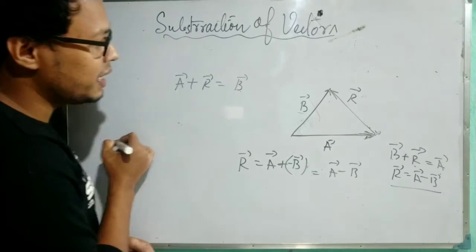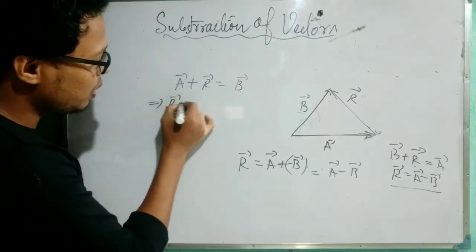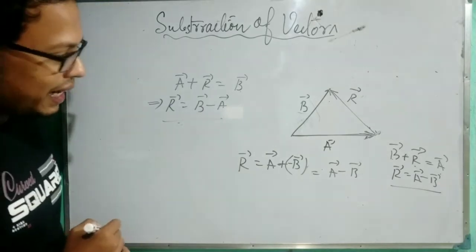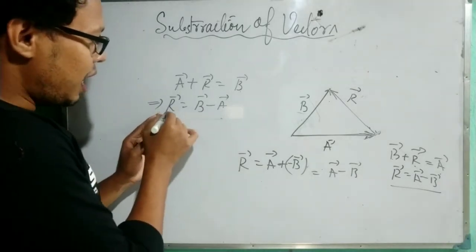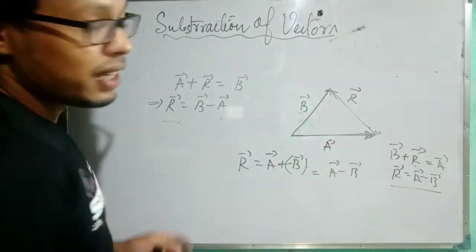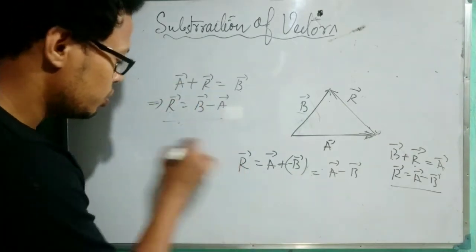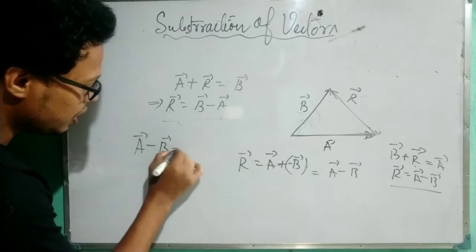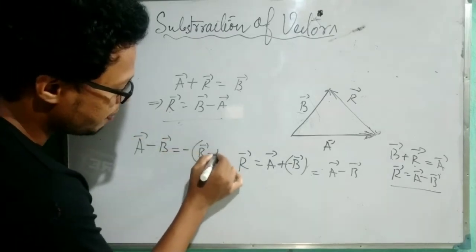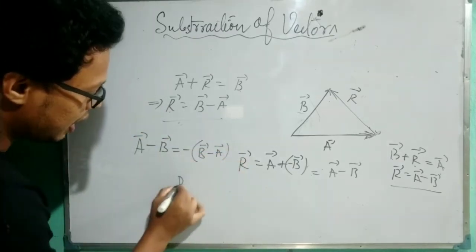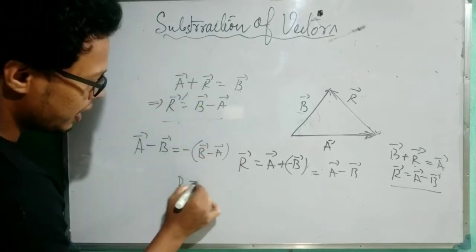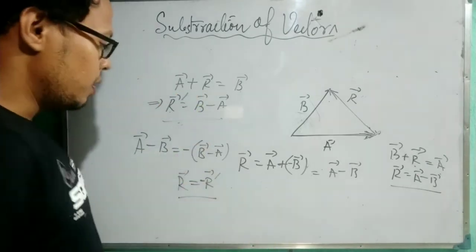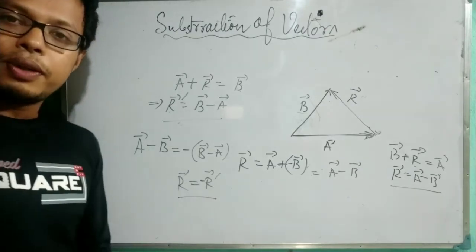So B is the resultant now. Now we can write R equals B minus A. So one time it is coming R equals B minus A, but when it is taken in the opposite order, from here we can write A minus B equals minus of B minus A. Okay, means suppose this is R dash, so R equals minus R dash. Okay, so this is the subtraction of the vector.